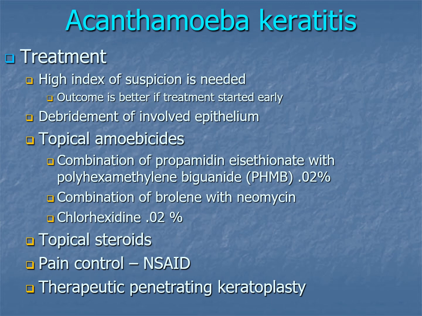To control the pain, as the pain is very severe and inconsistent with the findings of the corneal lesions, we can use non-steroidal anti-inflammatory drugs. And if all these measures fail and the corneal lesion refuses to heal, we can use therapeutic penetrating keratoplasty.